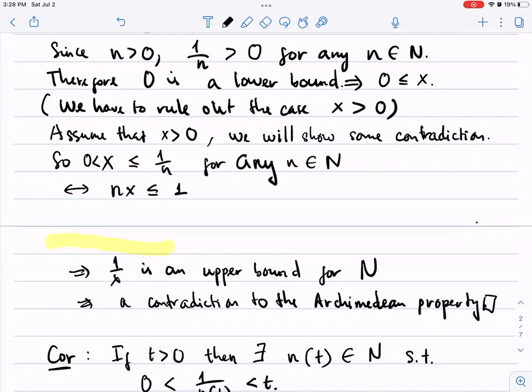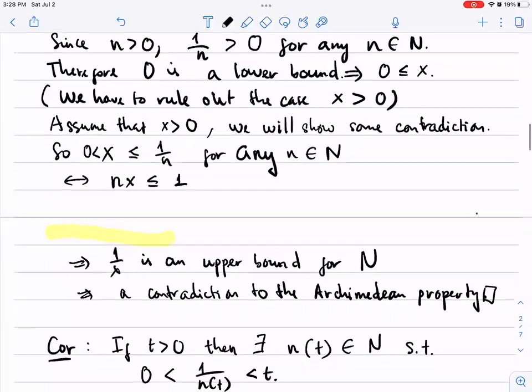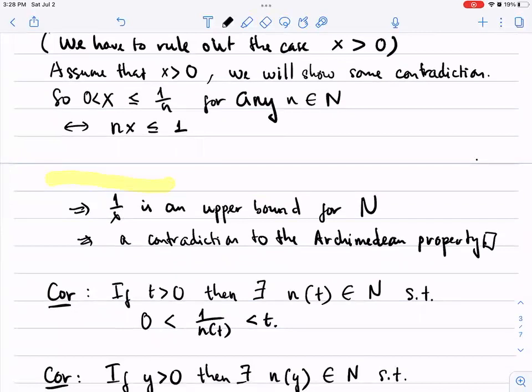By the order property, we deduce that nx is smaller than or equal to 1. Therefore, 1 over x is an upper bound for n. Why?